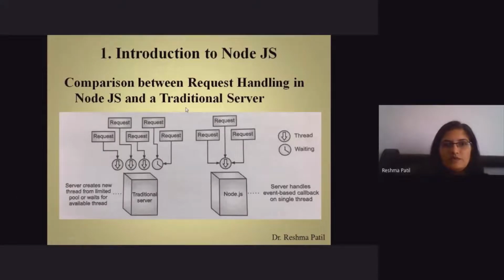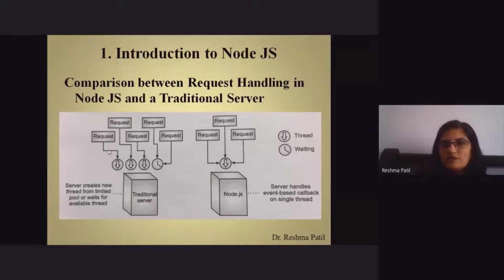See, this is the comparison between request handling in Node.js and traditional server. This is your traditional server and this is Node.js server. When requests are coming, it is going to assign to separate thread here in traditional server. In Node.js, all requests are assigned to the single thread.